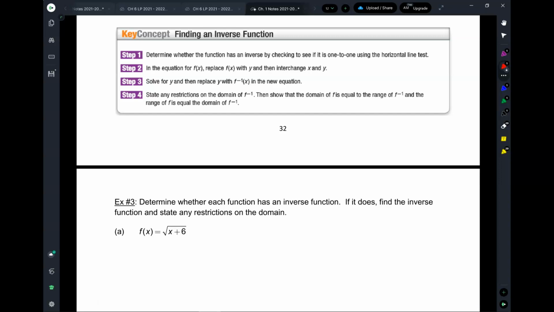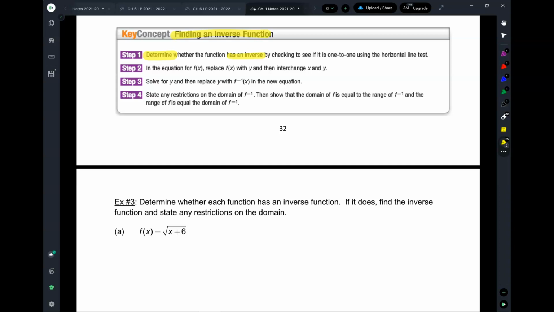Now, how to find an inverse function. Okay, this you probably have seen last year in algebra 2, but it's very quick. It'll leave your mind very quickly. But once we start doing it, I think you'll remember. So, to find an inverse function, first you have to determine whether it even has an inverse, right? By doing the horizontal line test.